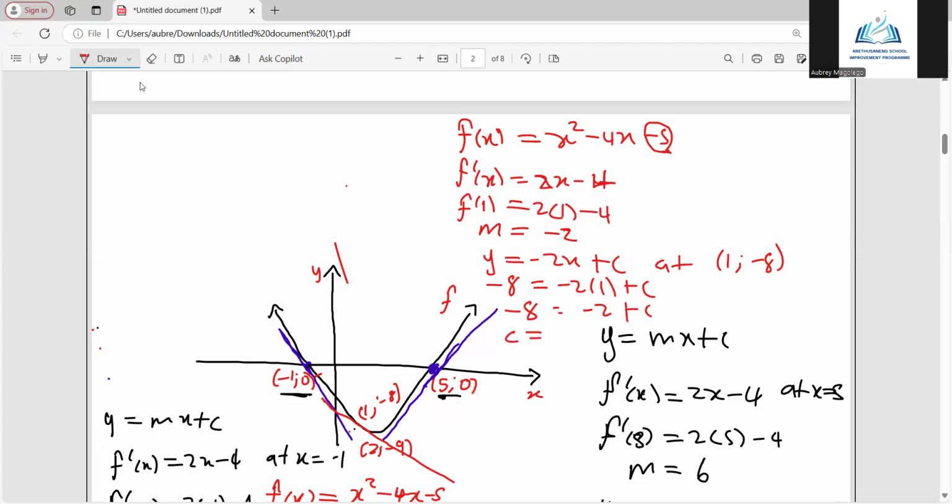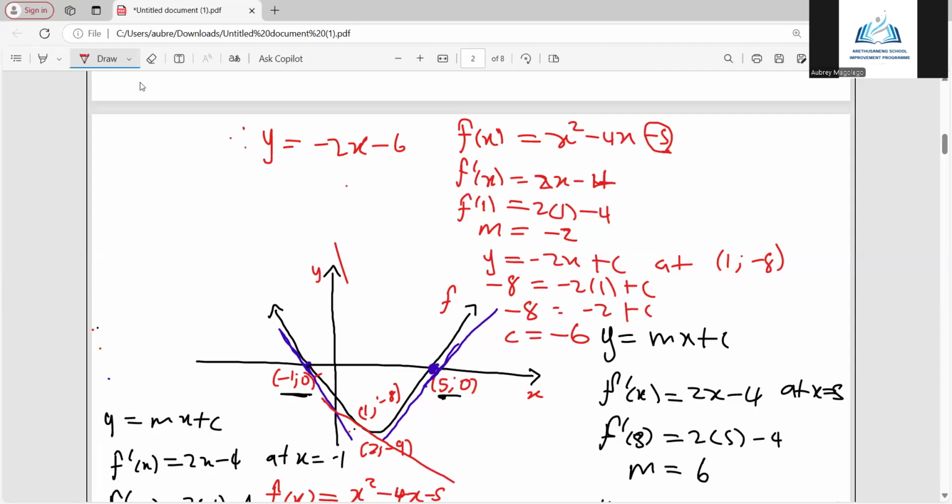It means the y-intercept of that tangent is negative 6. So now let us write down the equation since we found the value of c. It means y is equivalent to negative 2x minus 6 as the equation of the tangent that intersects the graph at x equals 1 and y equals negative 8.